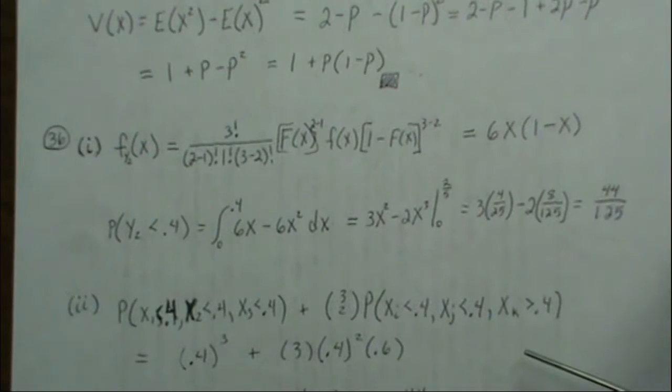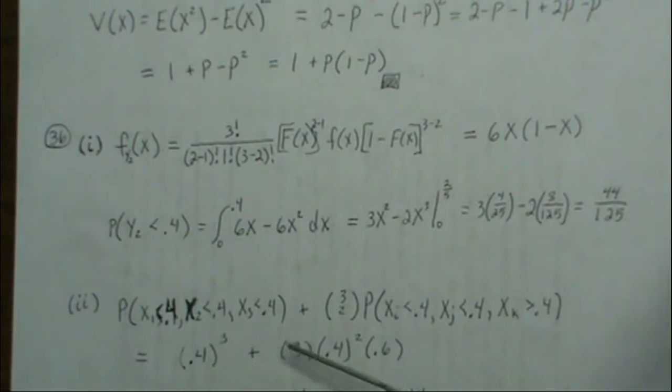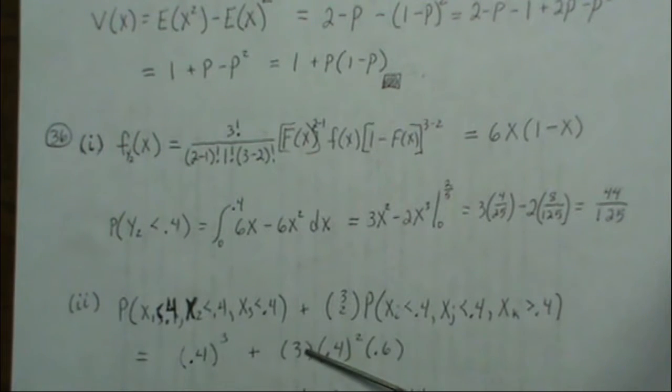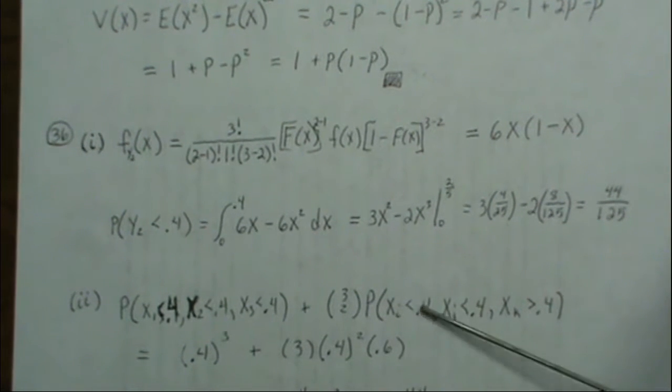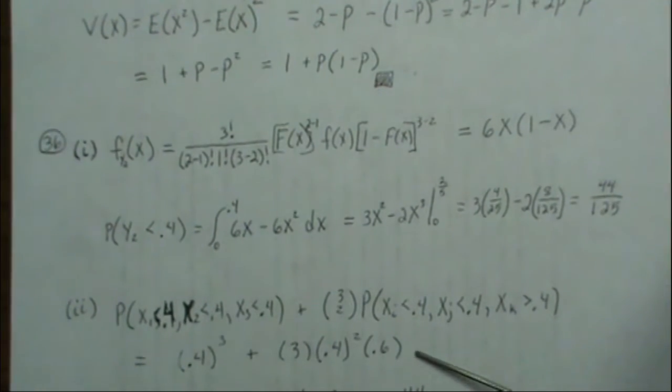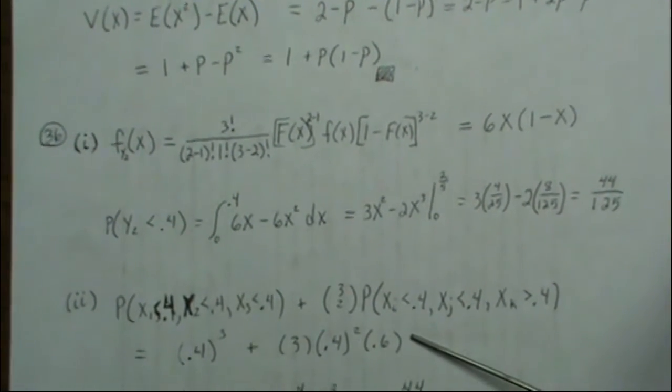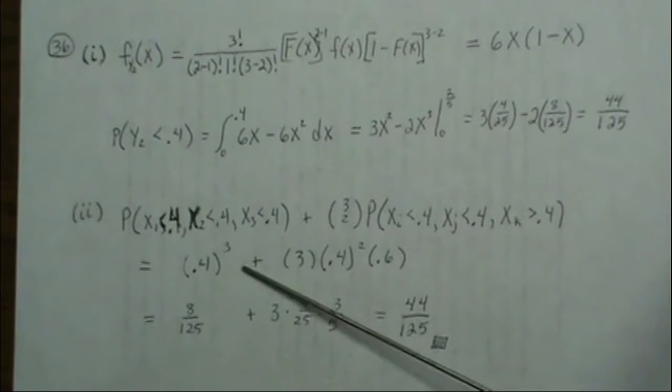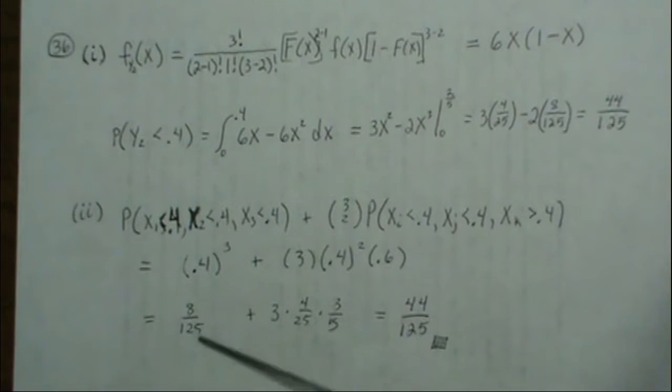So since those are independent events, this is just 0.4 cubed, 3 choose 2 is 3. This first one, 2 of them being less than 0.4 is 0.4 squared, and then being greater is 0.6. That is 8 over 125. This comes to this and ends up being the same number.